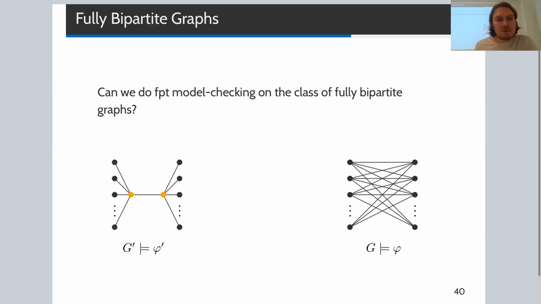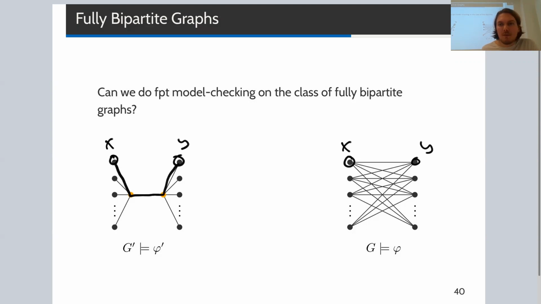So let's consider this graph here. It has the same vertices as G, but it also has these two orange vertices. And we notice that two vertices, X and Y, are adjacent in G if and only if they have distance 3 in G prime. So distance 1, 2, 3.